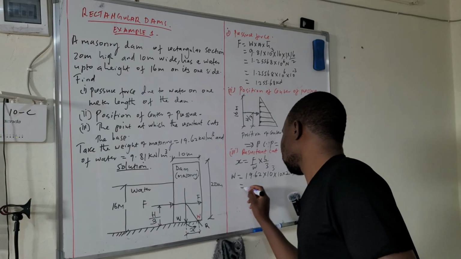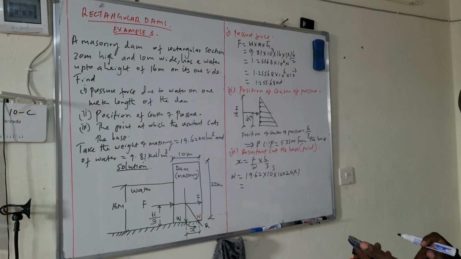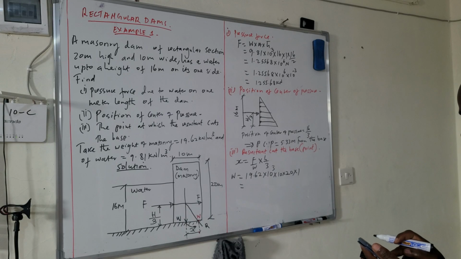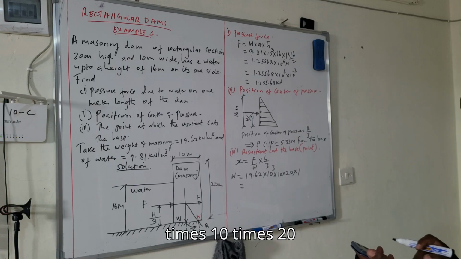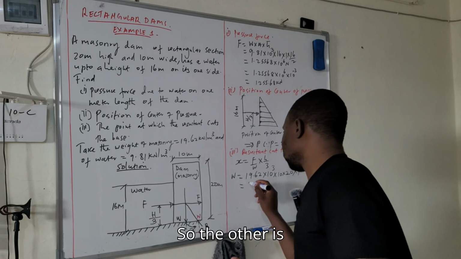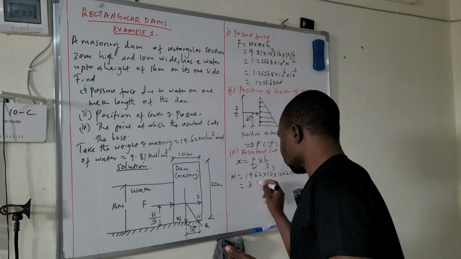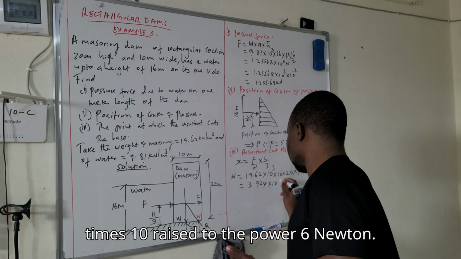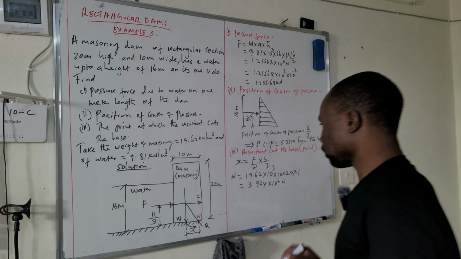So here you will get 19.62 times 10 to power 3 times 10 times 20 times 1. So the answer is 3.924 times 10 raised to power 6 Newton.